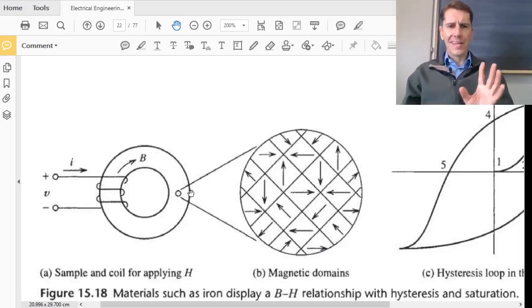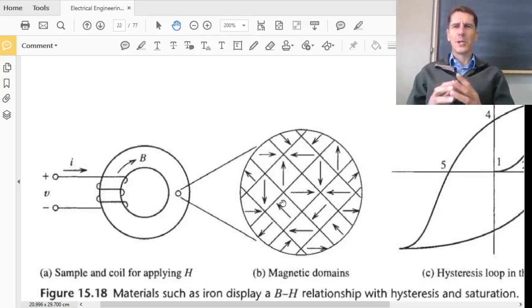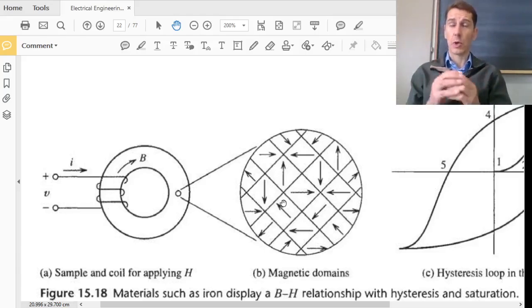Now first thing, if we were to zoom in under a microscope in just that little section, you'd have to zoom in really a lot. But basically your iron or any magnetic material consists of little magnetic domains. We call them domains. And each of those domains effectively consists of a grouped set of atoms with electrons running around them.